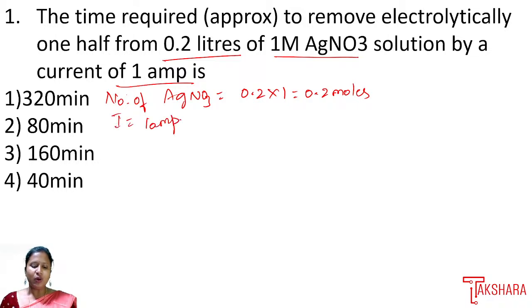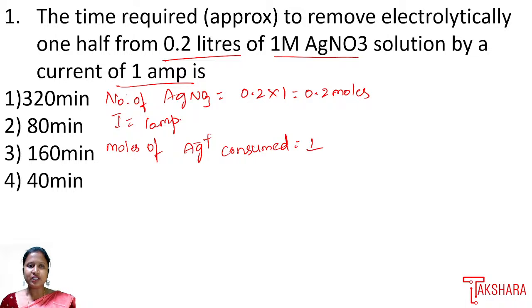The number of moles of silver consumed is half into 0.2. Since it is 1 half, I am writing half into 0.2, which is equal to 0.1.